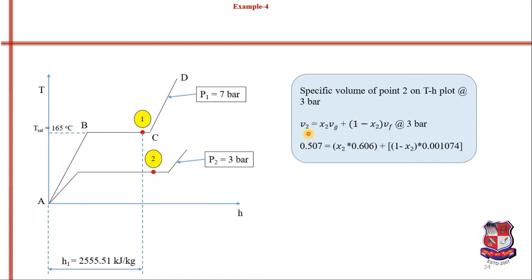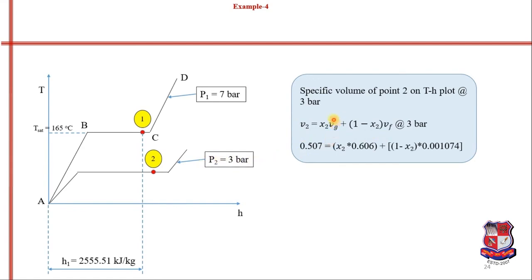So the specific volume of point 2, it is also in the wet region, so x Vg plus 1 minus x Vf at 3 bar pressure. Now use the values of Vg and Vf corresponding to 3 bar pressure from the steam table. Many students make the mistake of using the values of Vg and Vf at 7 bar pressure, but keep in mind that after expansion our pressure becomes 3 bar.